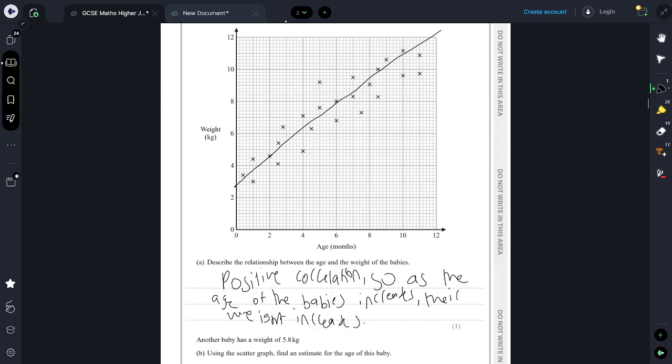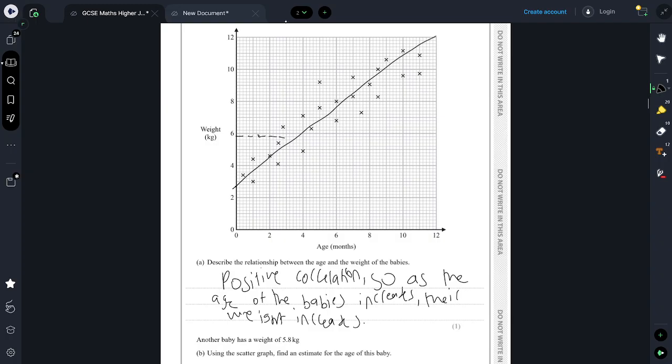Well, actually, that's what we're going to do because it says if the weight is 5.8, so 5.8 is going to be this point here, and then we just read off the line. So, oh God, I didn't want to delete that. That's a rubbish line. Still a bit rubbish. Though something vaguely like that.